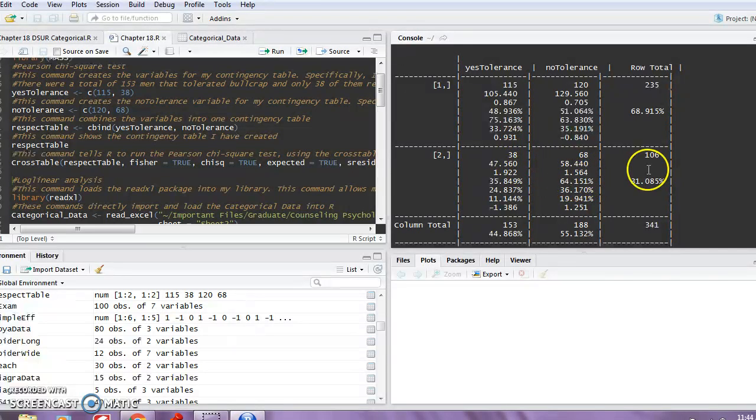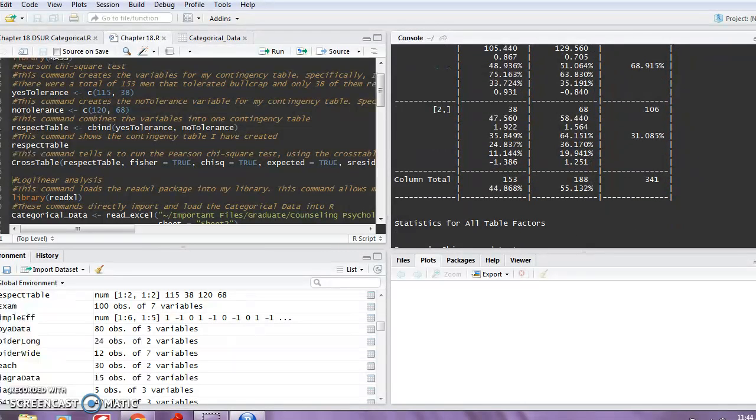So just to break it down a little bit more, 64% of that 106 actually received respect from their partner when they did not tolerate bullshit, more than those who did tolerate it. So what this means is that men who did not tolerate their partner's bullshit actually perceived respect from their partner more than those who did tolerate bullshit.